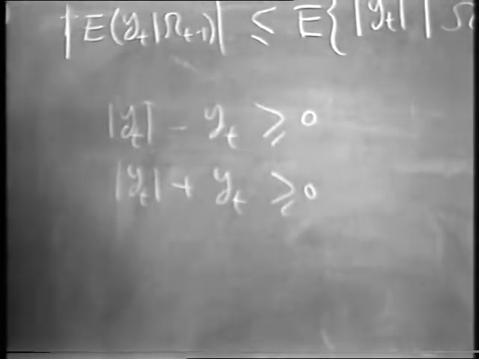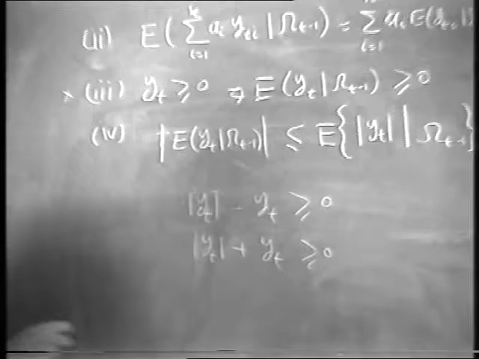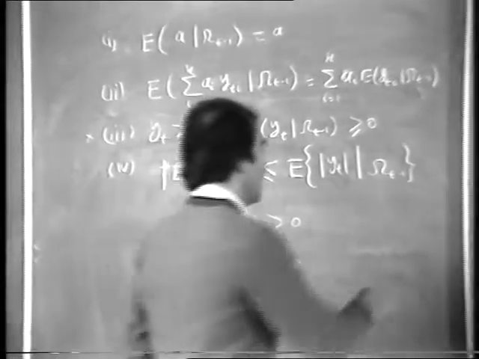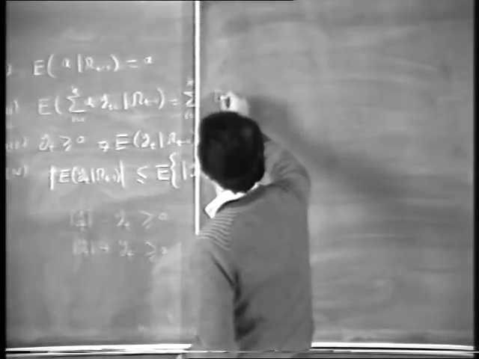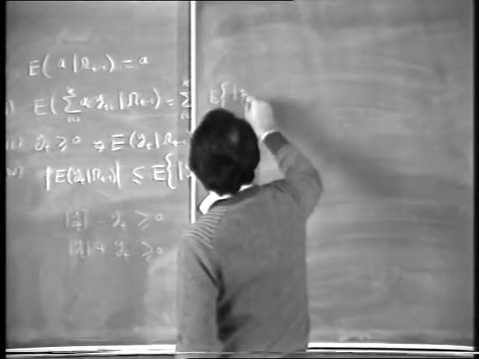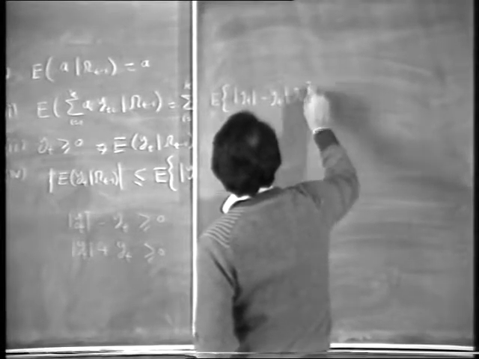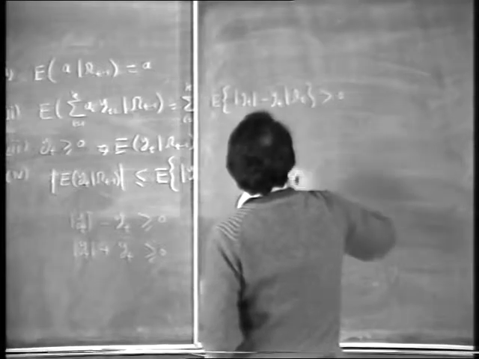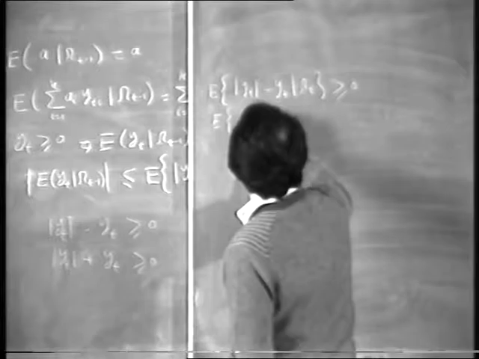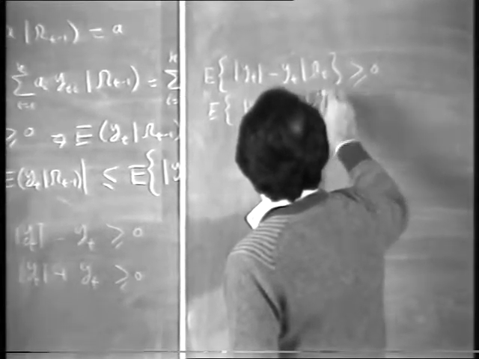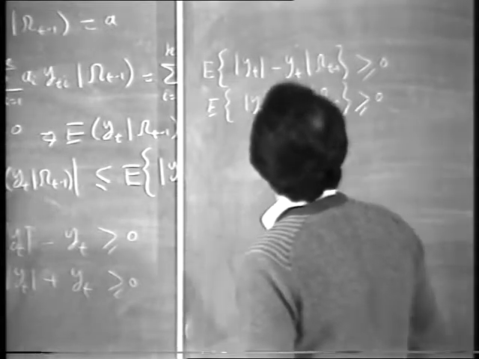Now, if we use this property, it follows that the expectation of the absolute value of yt minus yt, conditional on omega t minus 1, has to be also non-negative. And the same goes when we replace it by a positive sign, conditional on omega t minus 1. That is also non-negative.